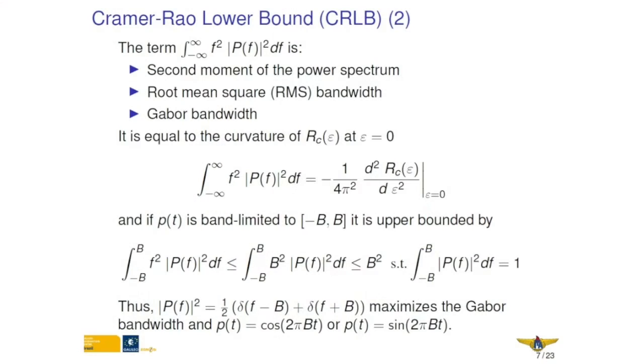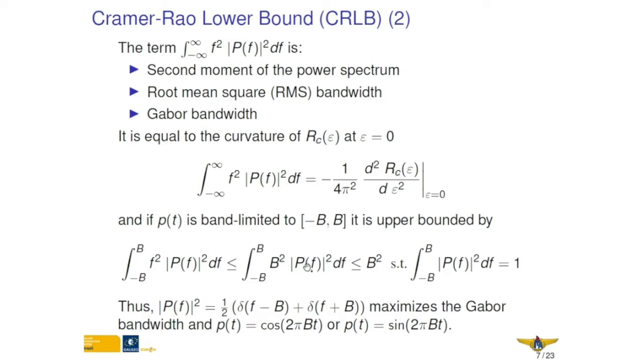And afterwards, if this chip pulse shape is band limited, we can calculate an upper bound for this. This is a parabola multiplied with the power spectral density of the chip pulse shape, which is always positive. If we take the border frequencies of the parabola and assume that it's constant over the bandwidth, this is the upper bound.